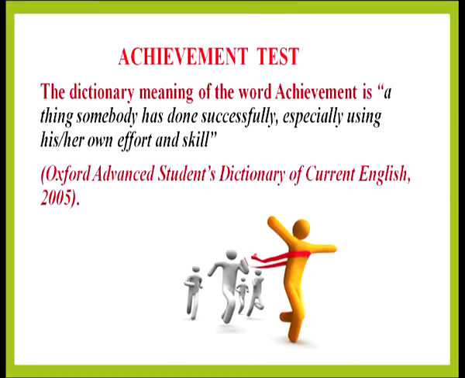The dictionary meaning of the word achievement is a thing somebody has done successfully, especially using his or her own effort and skill. This definition is quoted in the Oxford Advanced Learner's Dictionary of Current English, 2005. Now, what is an achievement test?